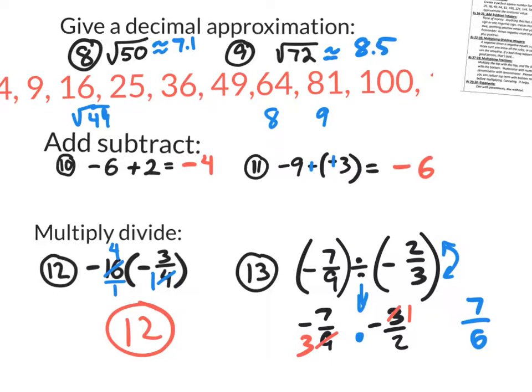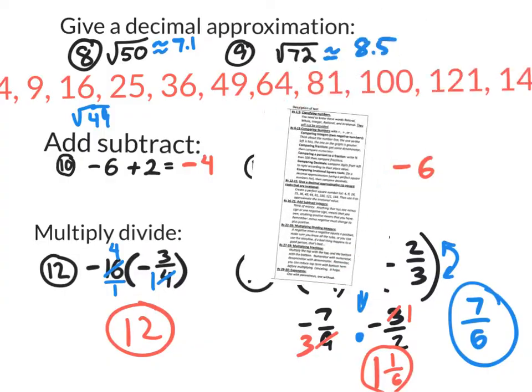And a negative times a negative is a positive. This is a good answer, 7 over 6. Or you could actually divide 7 divided by 6. That'll go in one time. You'll have a remainder of 1 over the original divisor 6. 1 and 1/6 is also an acceptable answer. Either one's good for me on Friday's test.